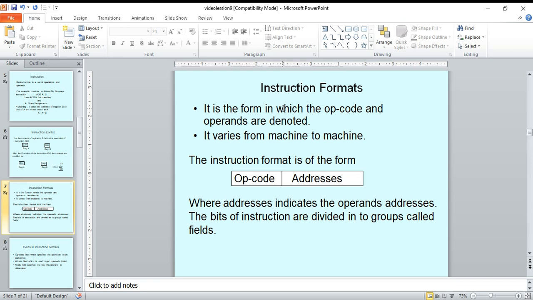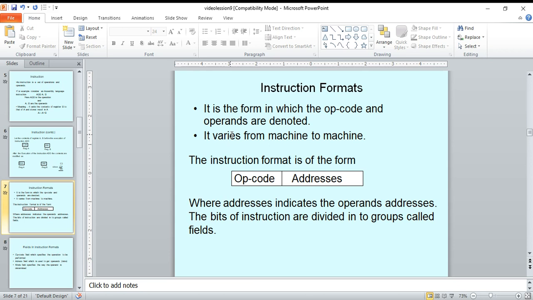The instruction format is the form in which the opcode and the operands are denoted. In that instruction format, we have to show the opcode bits and the address bits, meaning the operand bits. It varies from machine to machine.